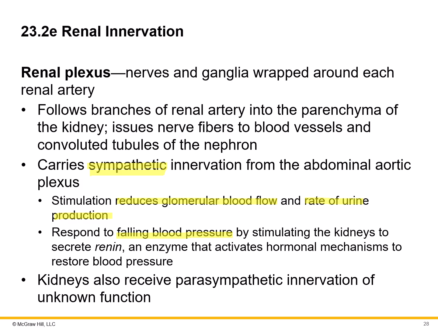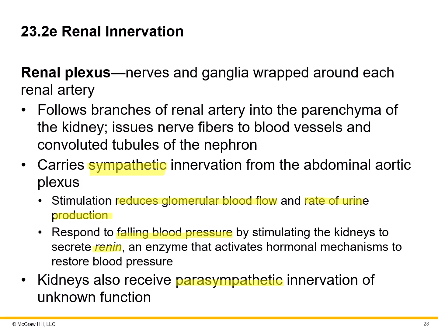So let's say your blood pressure falls, you can stimulate the kidneys to secrete renin, which is going to help activate certain mechanisms to restore blood pressure and help the kidneys retain more of that water in our blood. We're going to talk more about that later, but onward, parasympathetic.